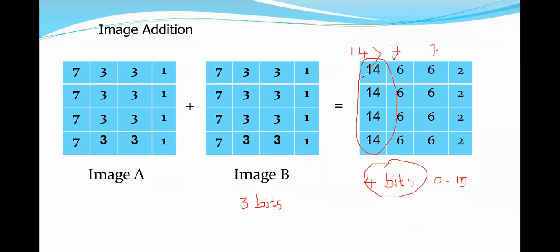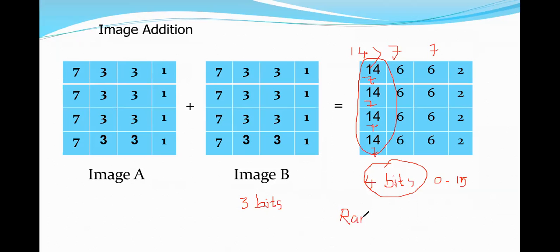So after addition here, actual addition is 14, but because of limitation of 3 bits per pixel, here instead of 14, we will get it as 7. Okay. So here, what is important is whenever we apply any image enhancement operation, after performing actual operation, we should go for range normalization.